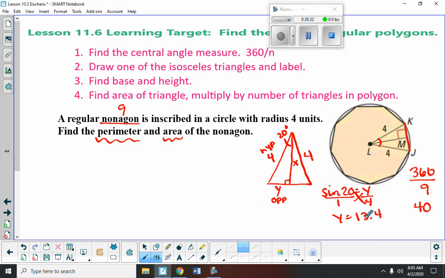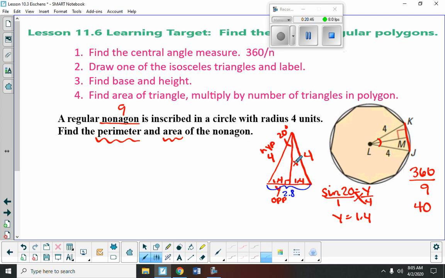Oh, I wrote that wrong. It's 1.4. Let me erase that. 1.4. So this is 1.4, which means this is 1.4. So this whole length would be 2.8.